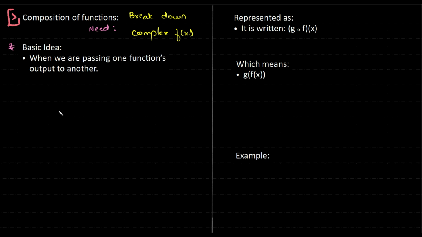So let me represent all of this with a box. So that's your function, and this is your another function. So this is f of x, and that's your g of x. So we have the input, processing happens, and that will go as the input of the next function, and we have the output again.